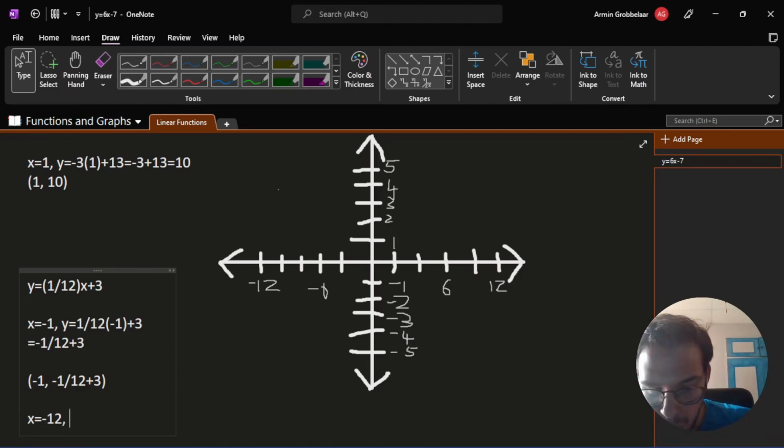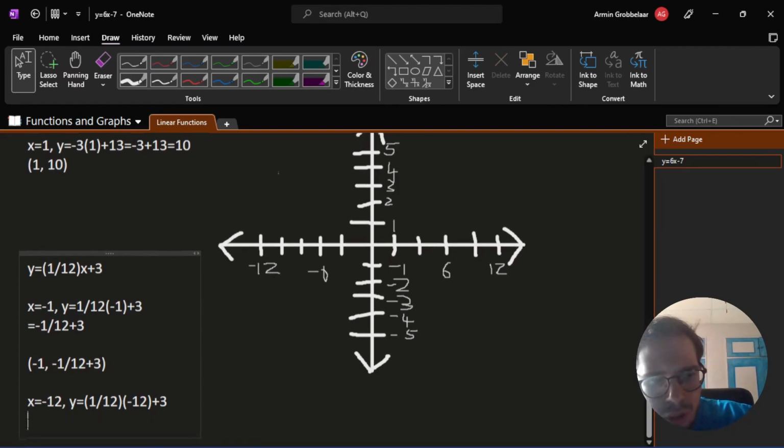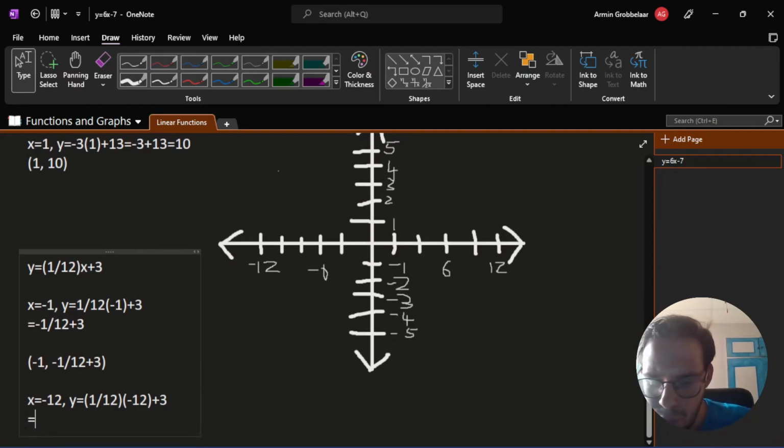So I'm going to choose x equal to minus 12. Then y is equal to 1/12 multiplied by minus 12 plus 3. So then y is equal to minus 1 plus 3. So that's equal to 2.